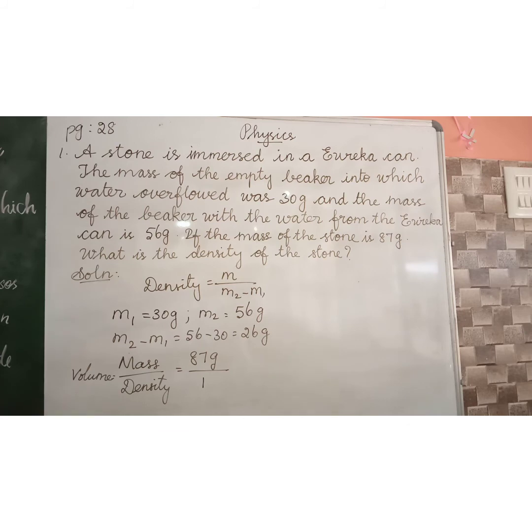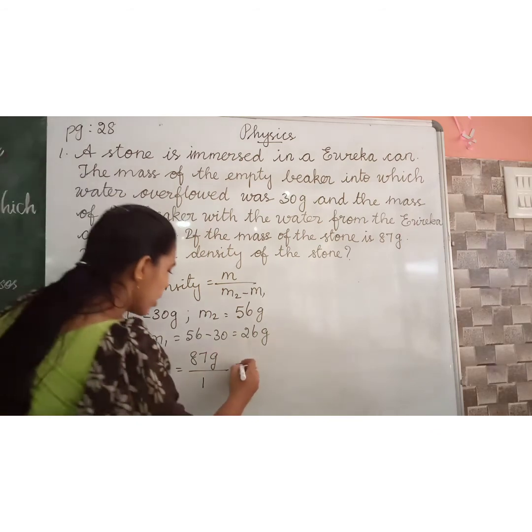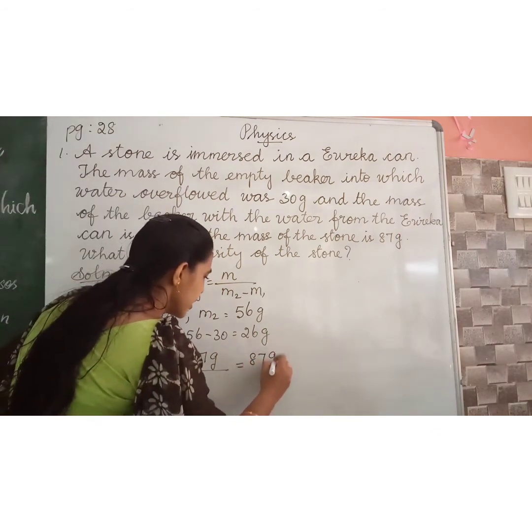Already we know the formula, by using the Eureka can, volume is equal to mass by density. So, mass divided by 1, the density of water. So, volume is 87 gram.